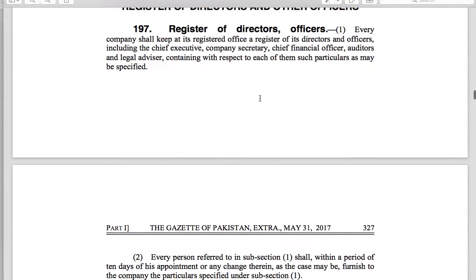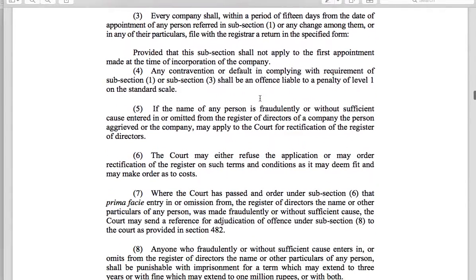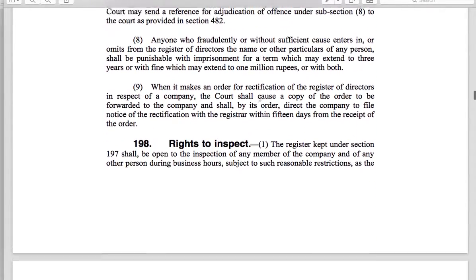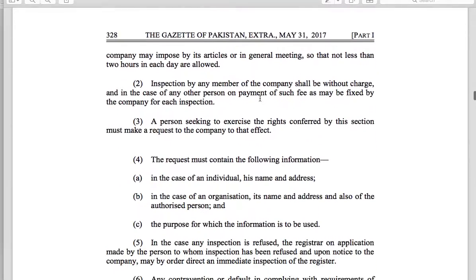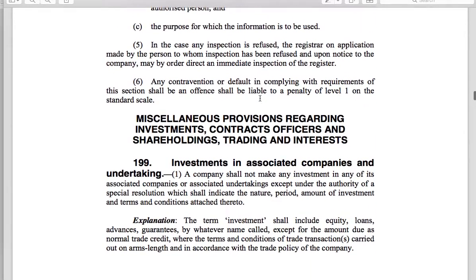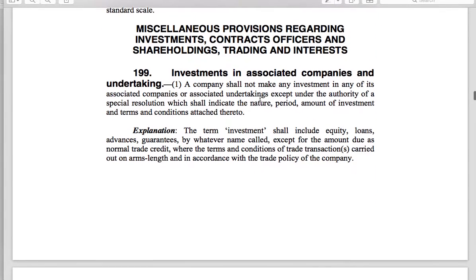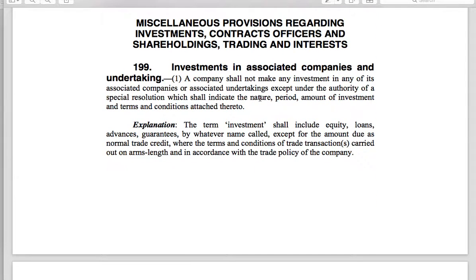The register of directors and officers: there has to be a proper register, which can be inspected by members and other persons. Then there are some other details about the different contracts that directors and chief executives can sign, and investments made in associated companies and undertakings, the limits or the procedure for how they will go forward and invest in businesses where they are also directors or have a financial interest.